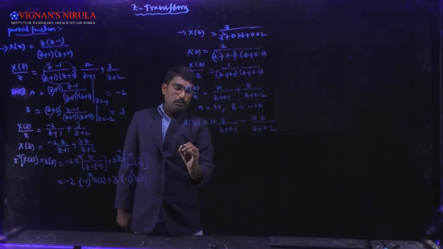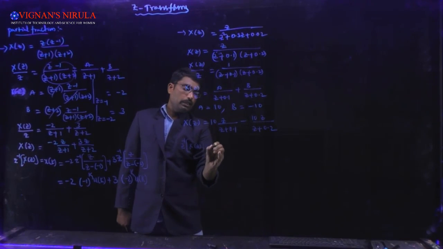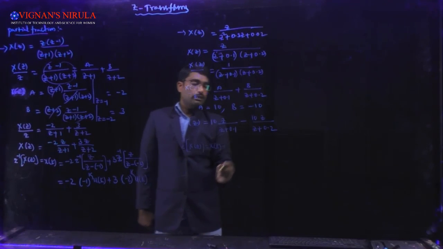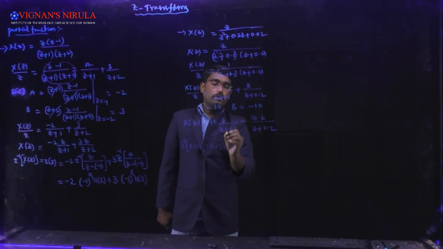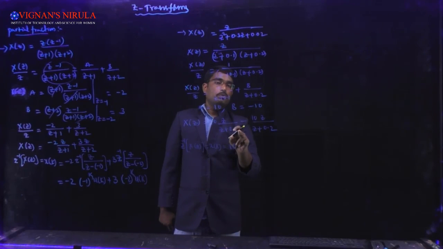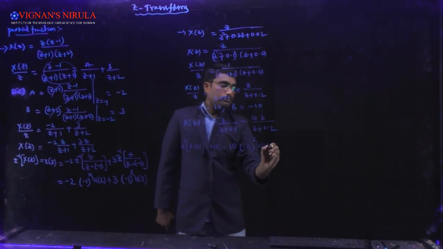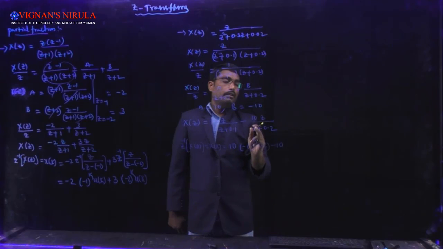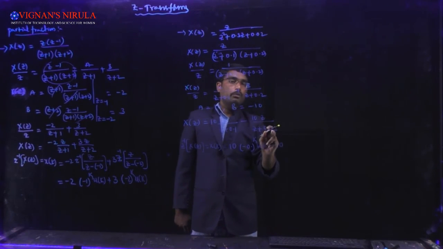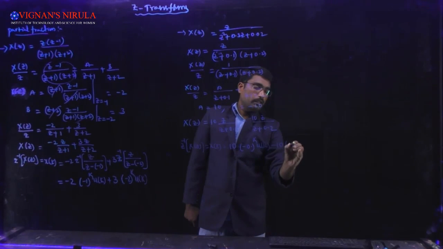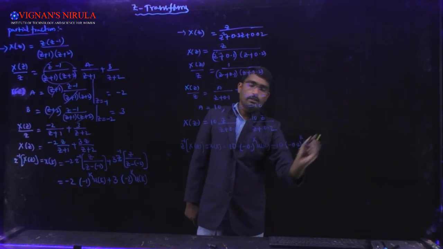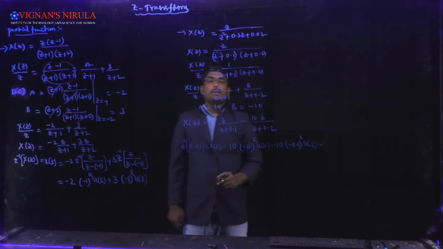Now, by applying inverse Z transform on both sides, Z inverse of X(z) equals x(k) equals 10 times Z inverse of z/(z - (-0.1)), meaning z/(z - a), you can get it as a^k u(k), and minus 10 times Z inverse of z/(z - (-0.2)), meaning a^k u(k). In this way, we can find the inverse Z transforms by using the partial fraction method.